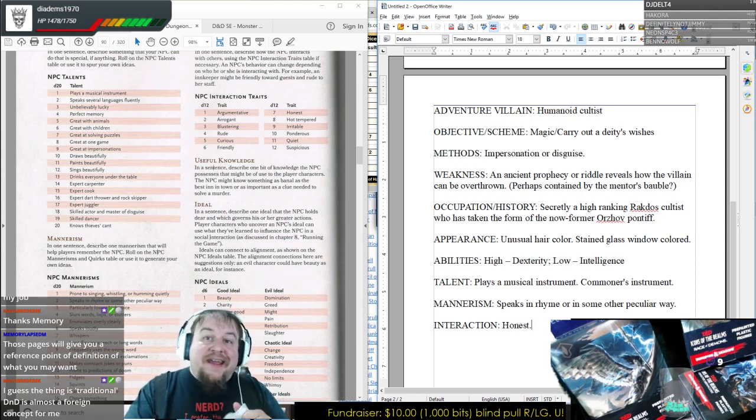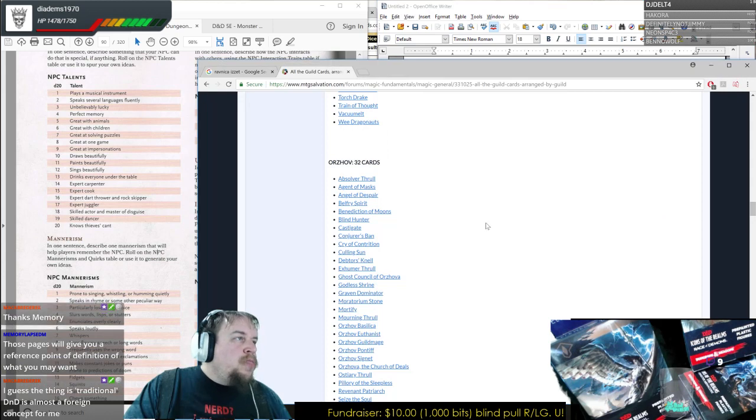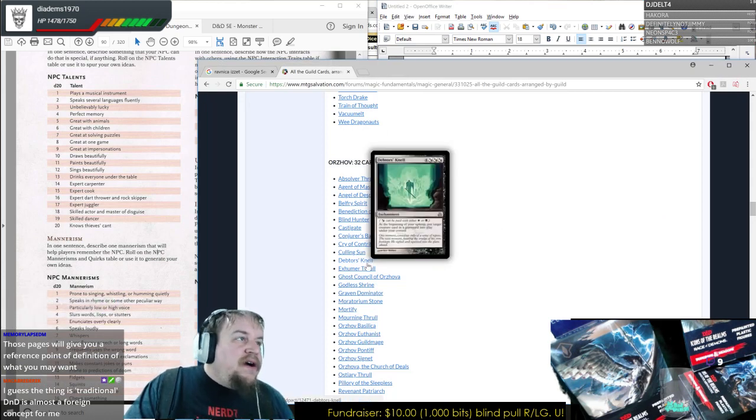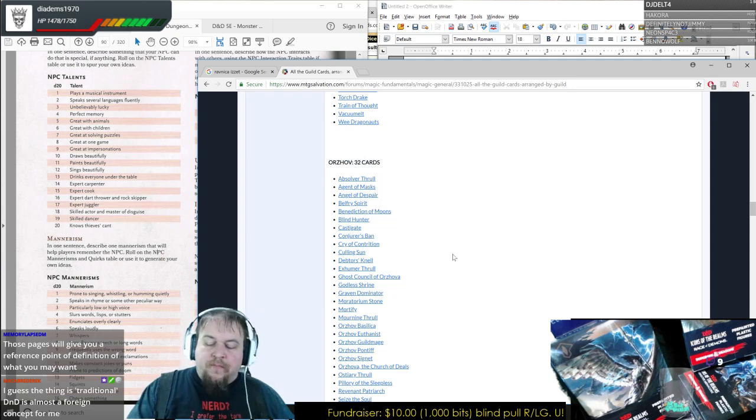However, the debt is to the Orzhovs, but that has now been subsumed by the Rakdos, who are definitely going to deliver a Debtor's Knell. Actually, that's a card, if I recall correctly. It is, aha. At the beginning of your upkeep, put target creature in a graveyard into play under your control. Debtor's Knell. Well, so they're going to get some payback as the Rakdos from the Orzhovs for oppressing the common folk.